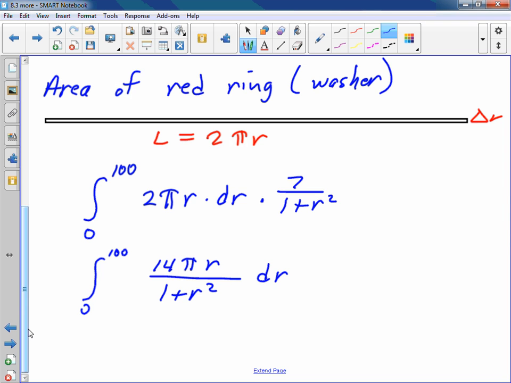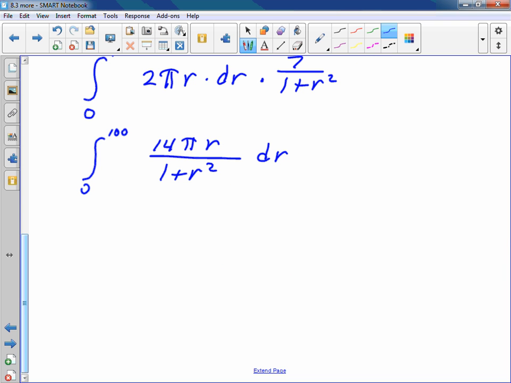Yeah? Now let's make our lives easier. Alex, what can we do to make our lives easier before we integrate? No, that's a variable. We can't do that. Good try. We can take the pi out.